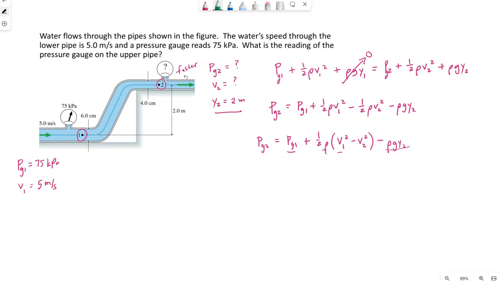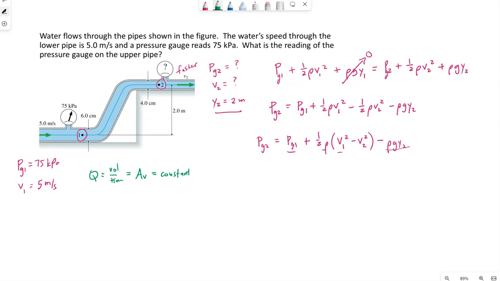To relate and find speeds, we always use the continuity equation, where Q is equal to volume per time, or cross-sectional area times speed, and this is a constant.